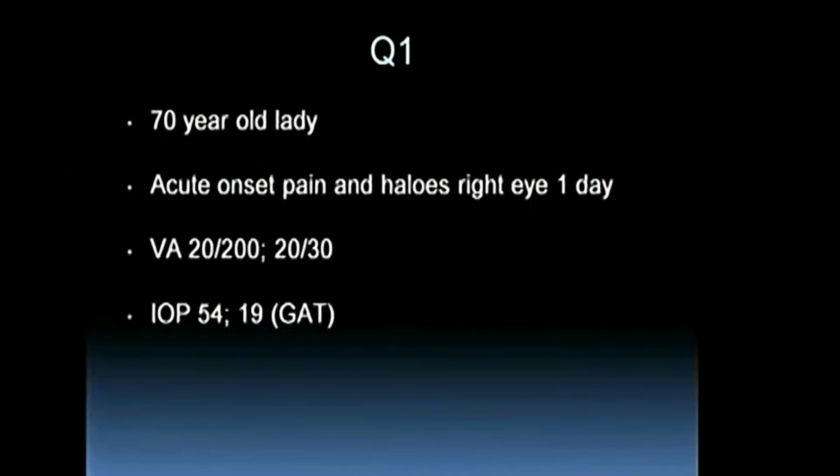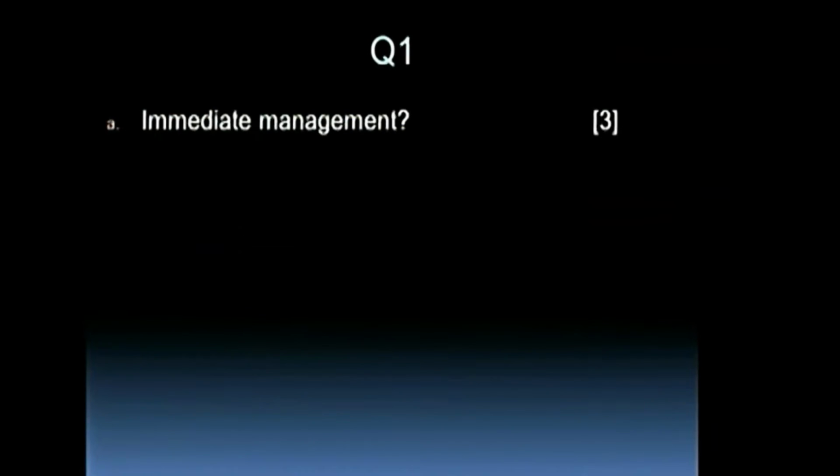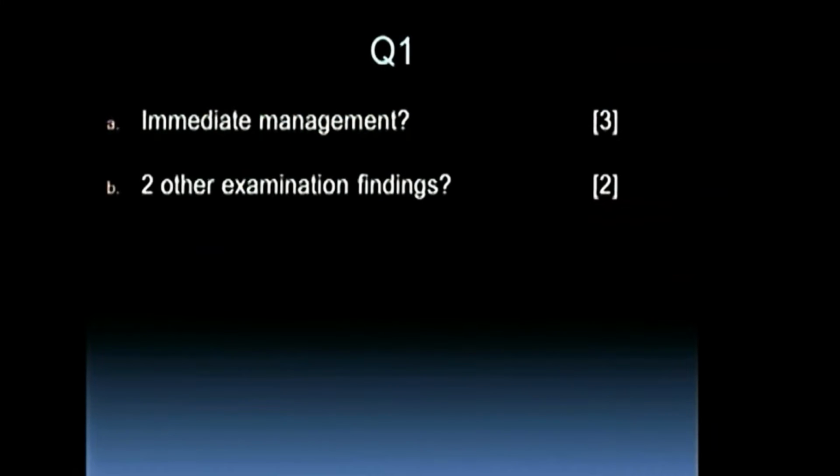Okay, so just to recap, question 1 was a 70-year-old lady with pain in the right eye for 1 day, reduced vision, pressure of 54, and disappearance. Part A, what is the immediate management of this patient? Give 2 other findings you would look for on your examination.